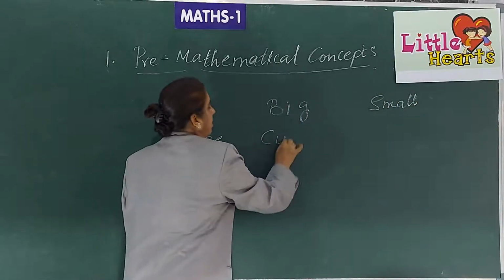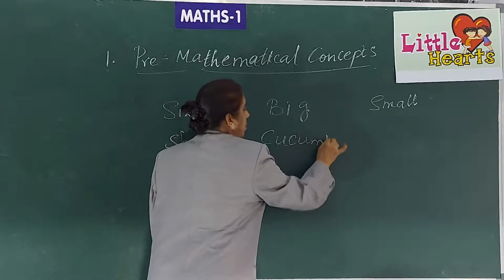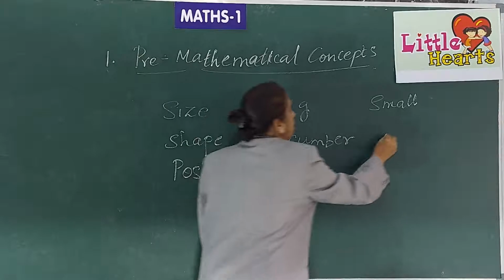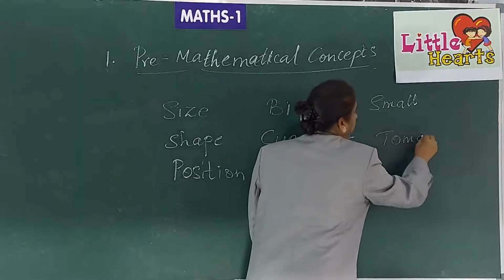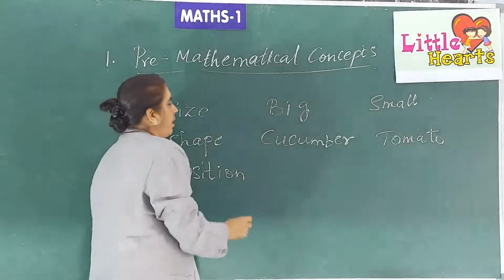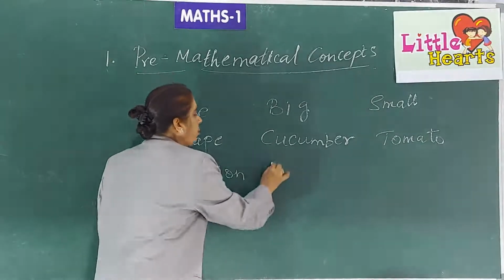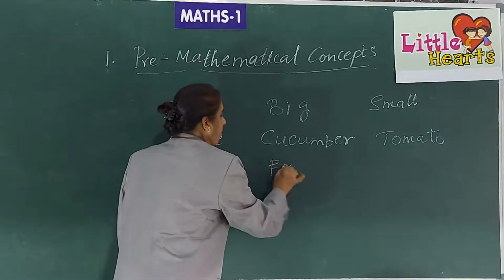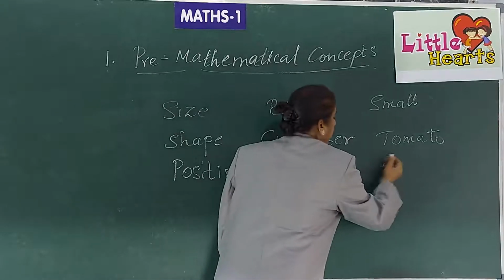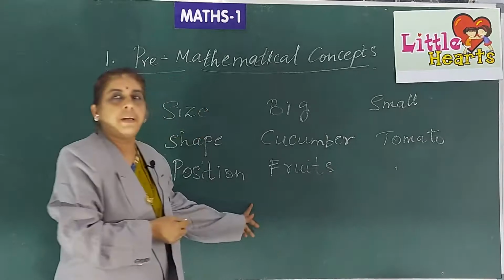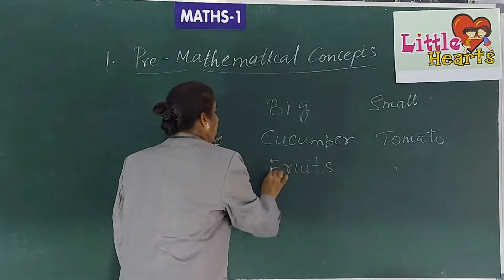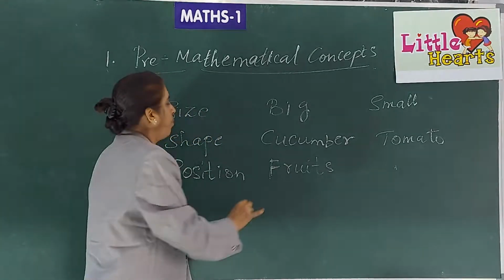Cucumber. Cucumber is big, tomato is small. What else? Coming to fruits. What is the biggest fruit?